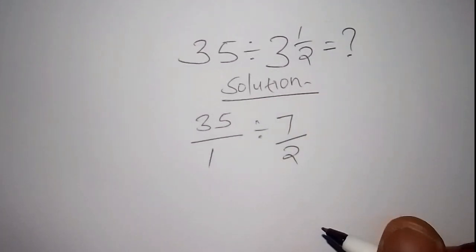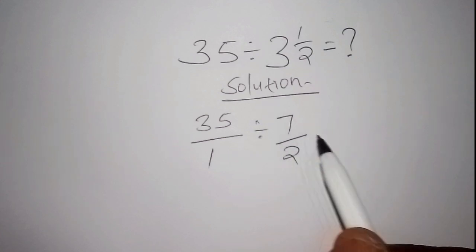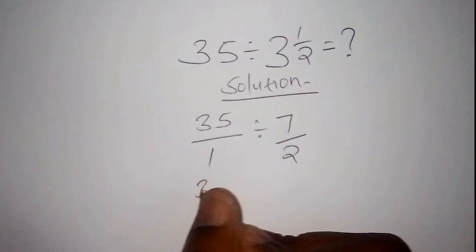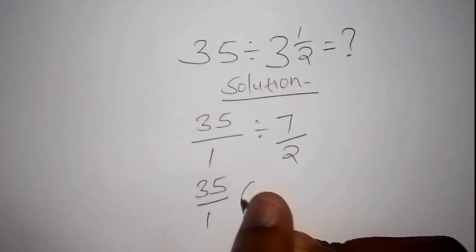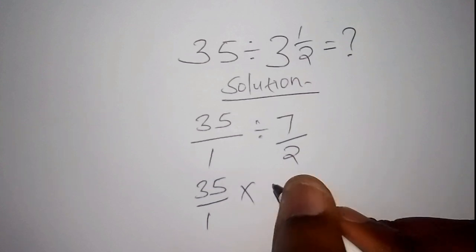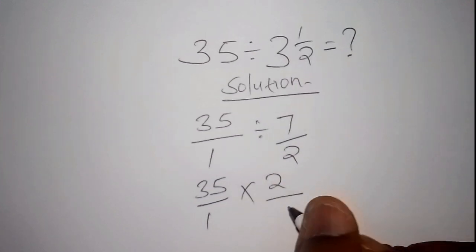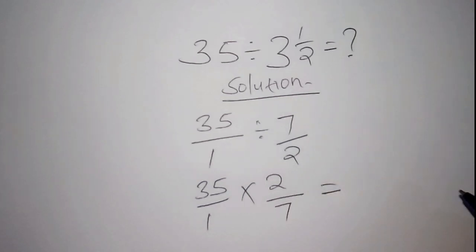Our next step is to change 7 over 2 to its reciprocal. So we shall have 35 over 1, then the multiplication sign. 7 over 2 will now change to 2 over 7, because that's the reciprocal. Which answer shall we have?